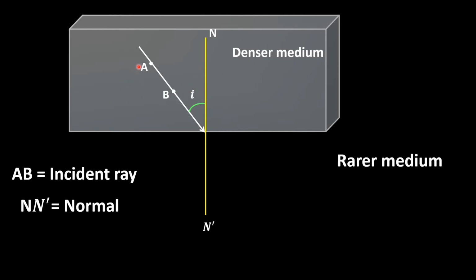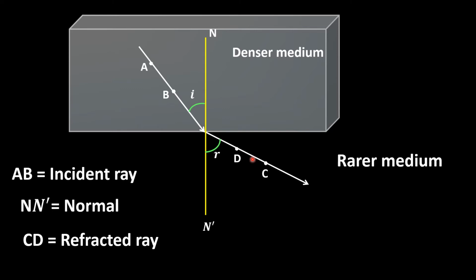For that reason, whenever a ray of light travels from a denser medium into a rarer medium, it will bend away from the normal to get the angle of refraction more. See here, it is bending like this. So this is the refracted ray, and here is the angle of refraction R. Obviously, you can see R is more than I.